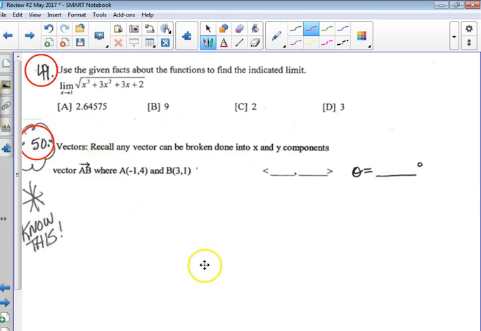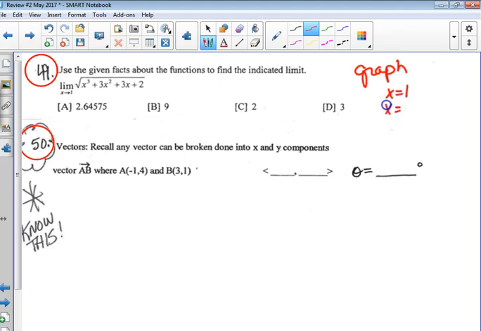All right. Limit question. Tell me some ways you could try this. Okay? If you graph it, what are you looking for? Okay? What is the y value when x equals 1?